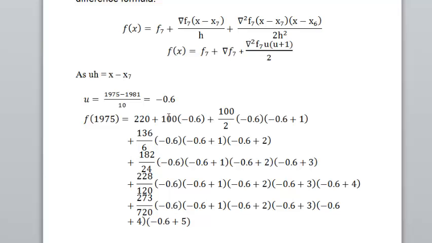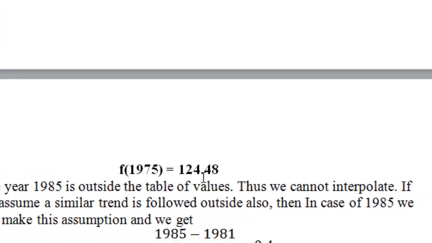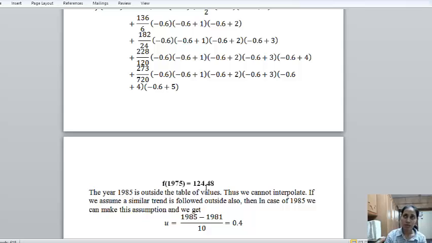We simply substitute the values in the formula, and we get the final result f(1975) = 124.28.